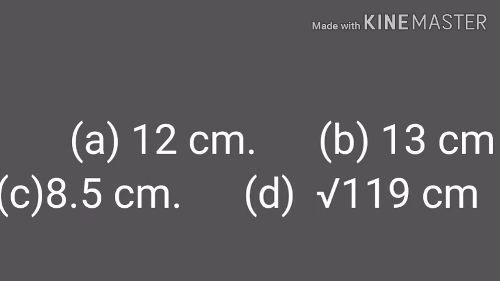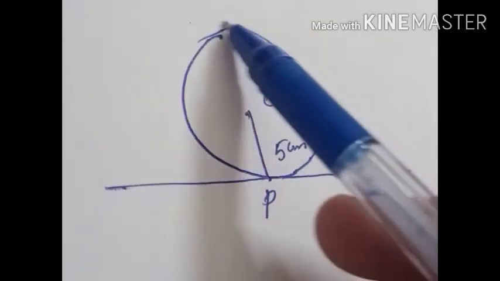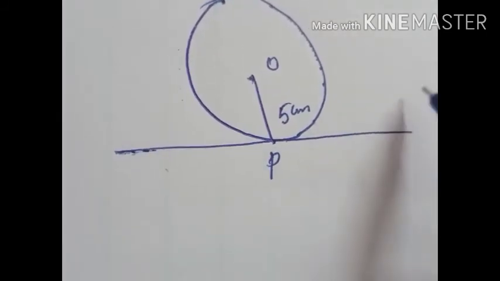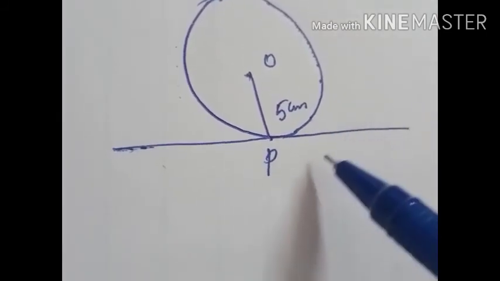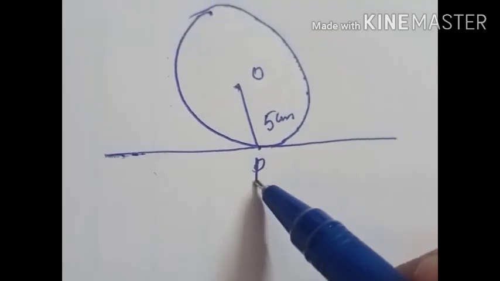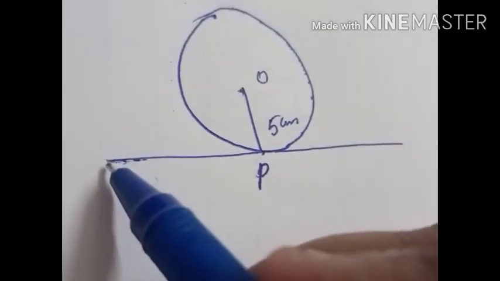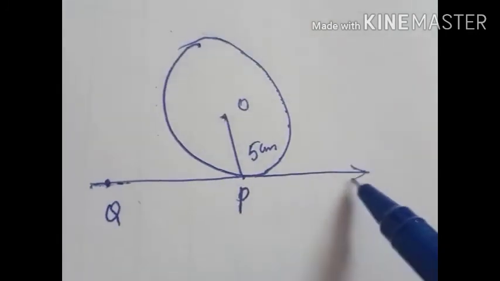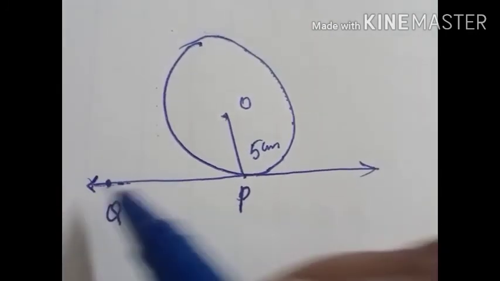For that we have to draw the figure first. According to the question, this is the circle with center O. There is a tangent PQ at a point P, so this is the point of contact P. Then Q we can mark anywhere; here I mark it as Q. This is a tangent, so it is a line.